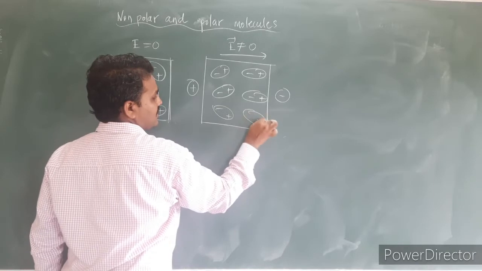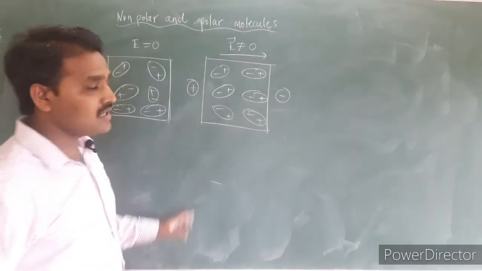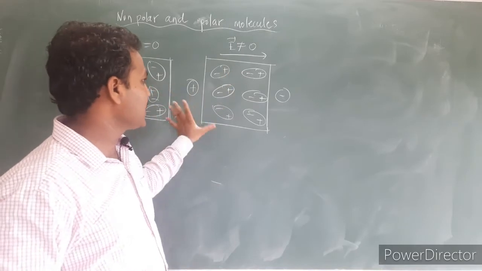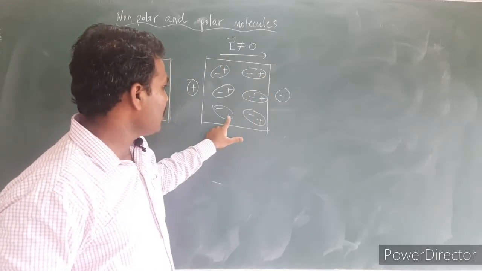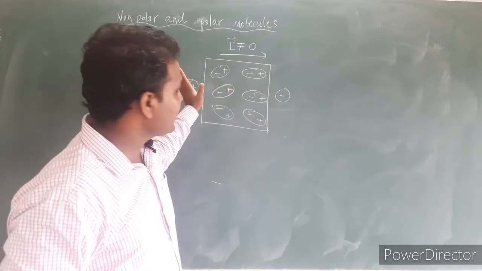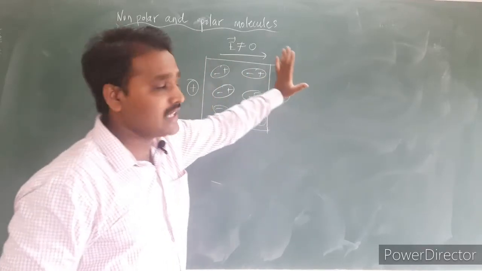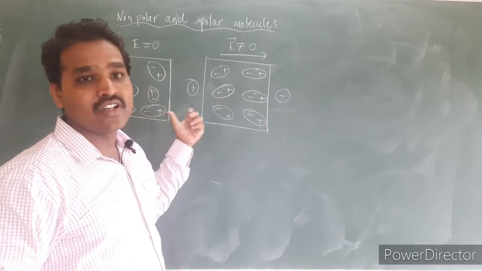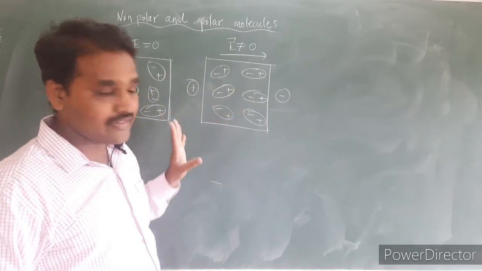So this will be the alignment under the external electric field. We can clearly see here almost all the positive charges are drifted along the direction of the electric field, and the negative charges are moving in the direction opposite to the electric field.